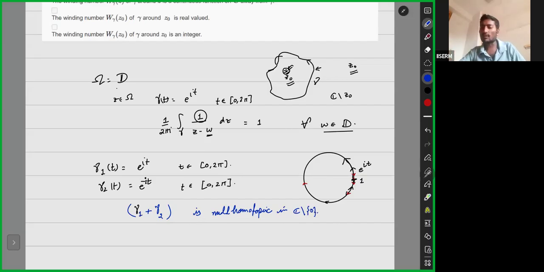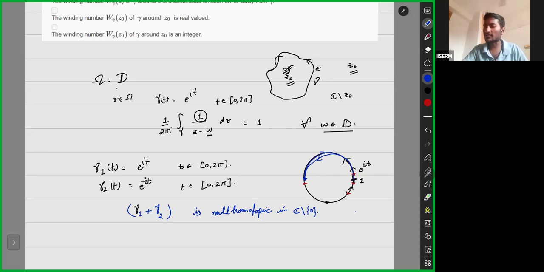What is homotopy? You can define it this way. At every stage t, you go up. At zero state, you go over all the curve. At, let's say, half state, you go up to here and then come back by the same line.